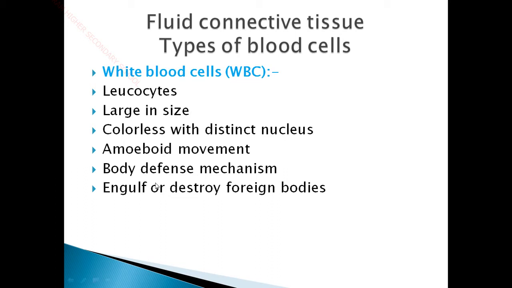These white blood cells engulf, which means they trap these antigens and other microorganisms, so they are engulfing or destroying foreign bodies. Foreign bodies are the things which are not related to our body, for example, microorganisms.